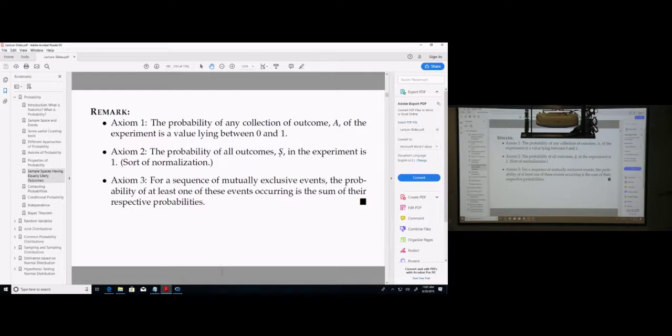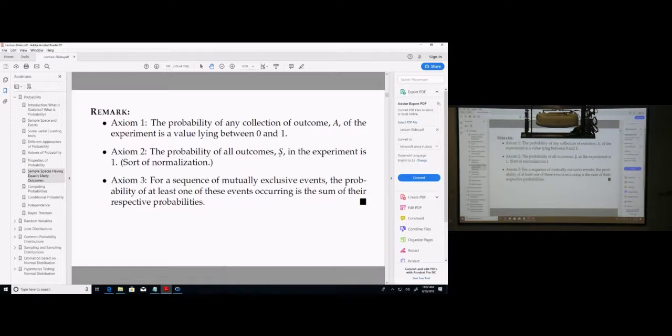So I'm just putting in some remarks. Axiom 1: the probability of any collection of outcomes is a value lying between 0 and 1. Axiom 2: the probability of all outcomes is equal to 1. It is a sort of normalization so that we are using the same currency.